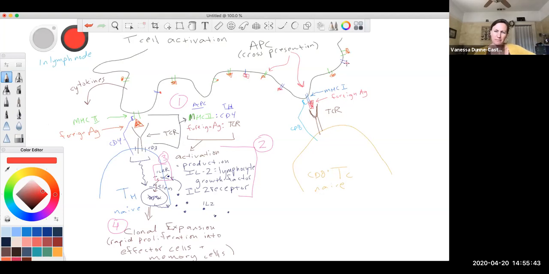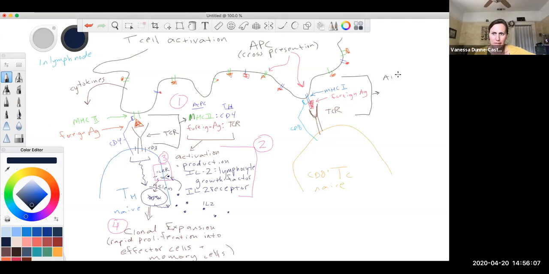All right. So antigen presenting cells can cross-present in the lymph node on both MHC class 2 and on MHC class 1. And so here we have an example of this presentation of antigen. And same as before, right?